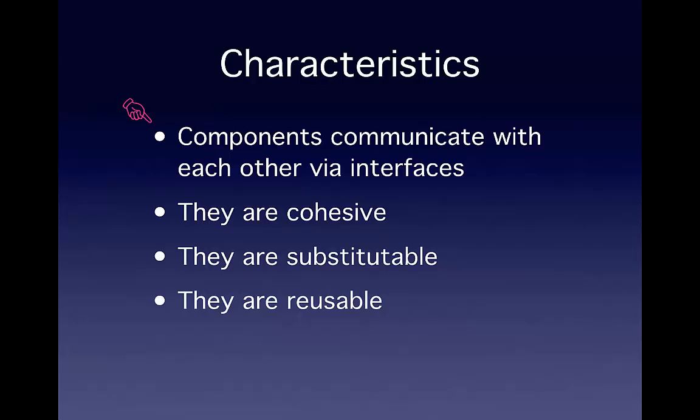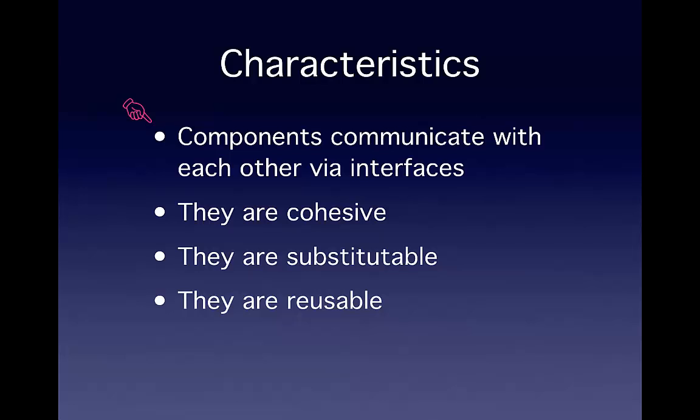Here's an incomplete list of some of the characteristics of a component. Components communicate with one another through interfaces. A software interface must, at a minimum, provide operation signatures for the component. It should also be thoroughly documented so that a client can figure out how to incorporate the component into their system.